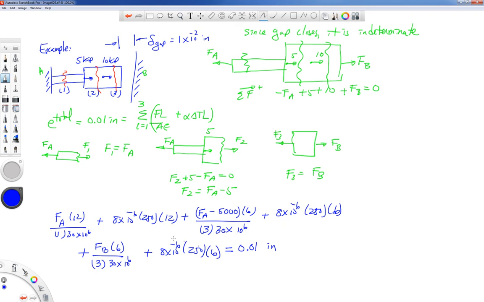Now, right now, this equation looks like we have 2 unknowns, FA and FB. However, from our overall free body diagram, we can say that FB is equal to FA minus 15,000 pounds.